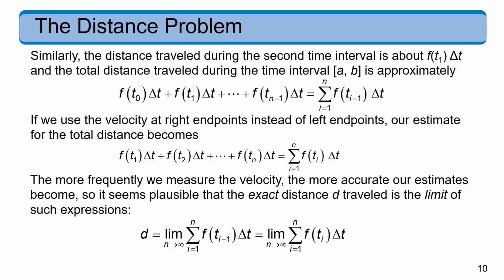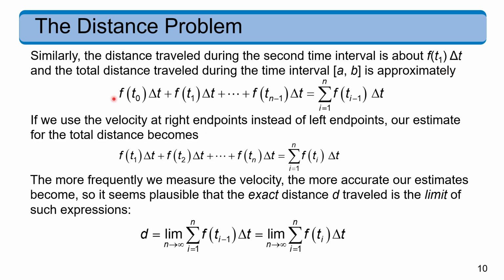Then we move to the second time interval from time t1 to t2, and we take the beginning time, t1, plug it into our velocity function, and assume the velocity stays at that constant for the entire time interval. So we multiply the velocity times the length of the time interval, and that product gives us the total distance traveled during the second subinterval.